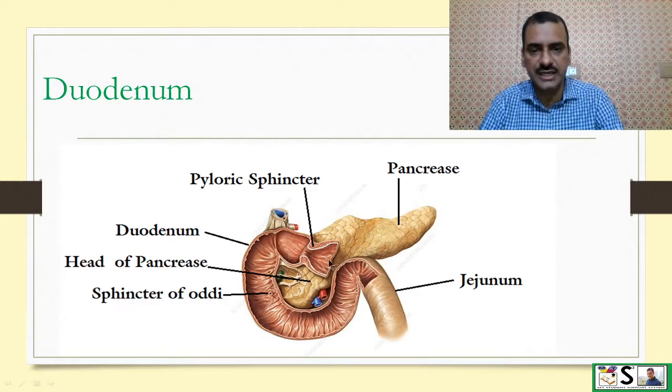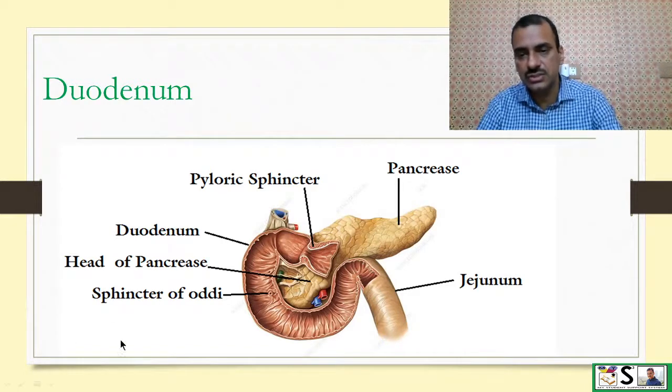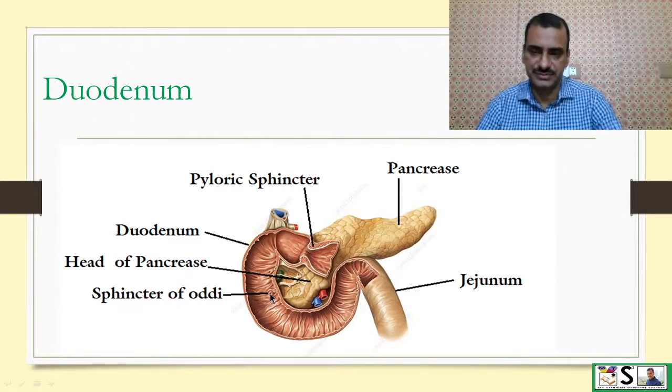This is pancreas gland, and this is the duct coming from gallbladder, and this is coming from pancreas, and commonly they enter into the duodenum, and this is guarded by sphincter of Oddi.